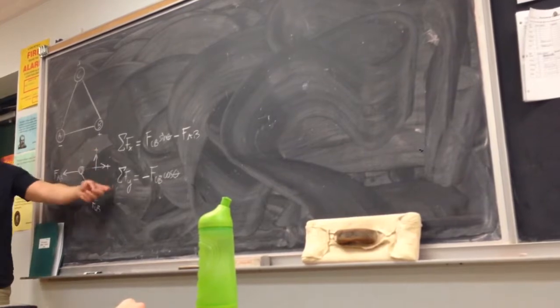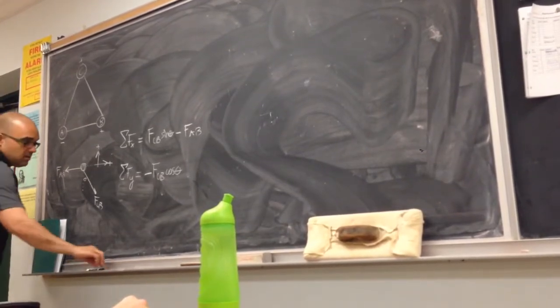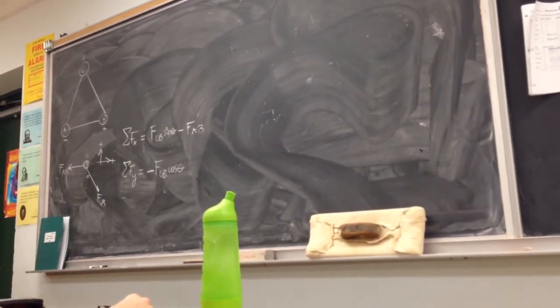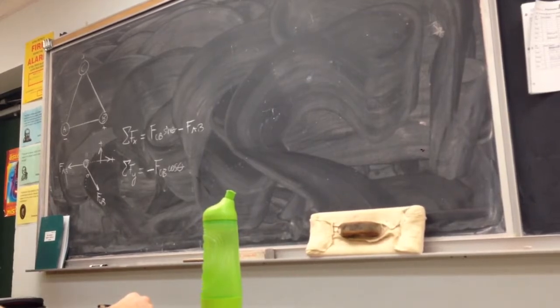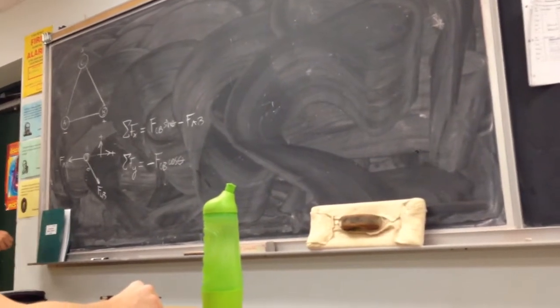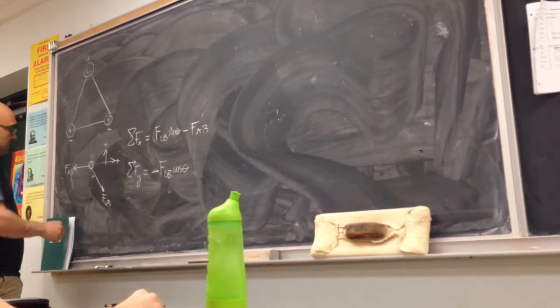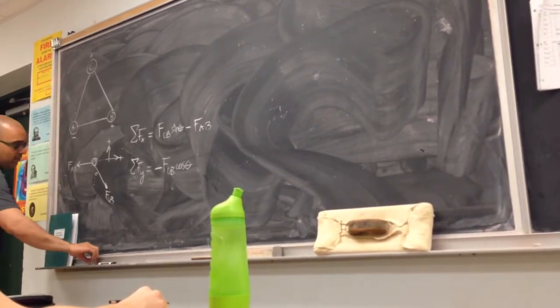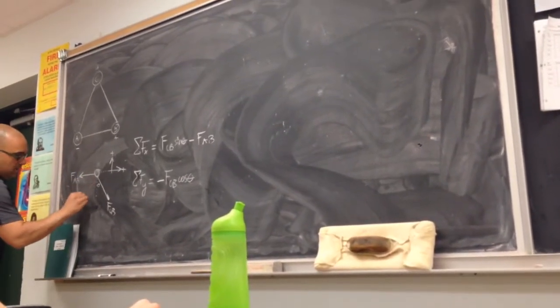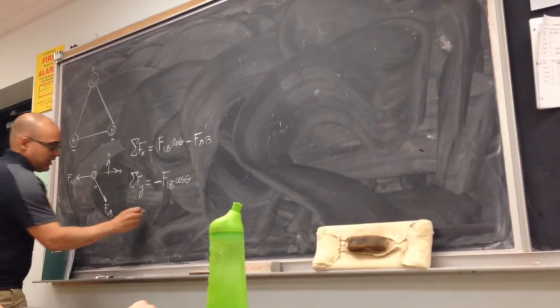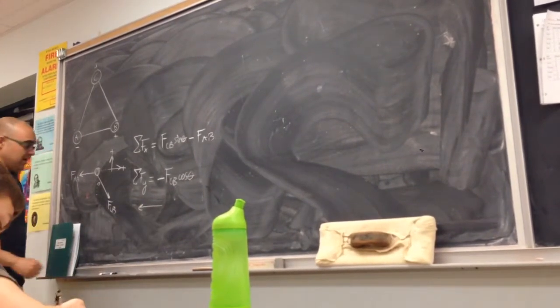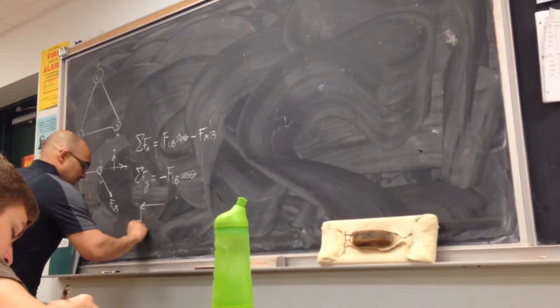Once we find these two components, we would just use the Pythagorean theorem to find the net force. It looks like we're going to have probably a net force something like that. When we add these two together, it winds up looking like this.